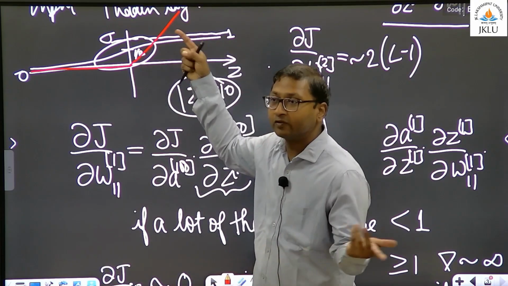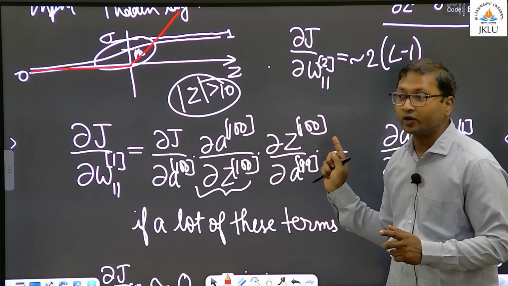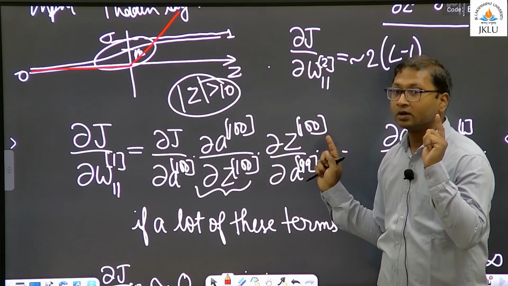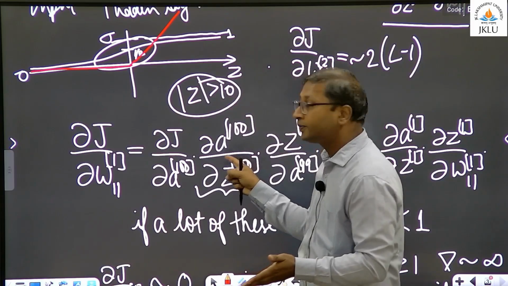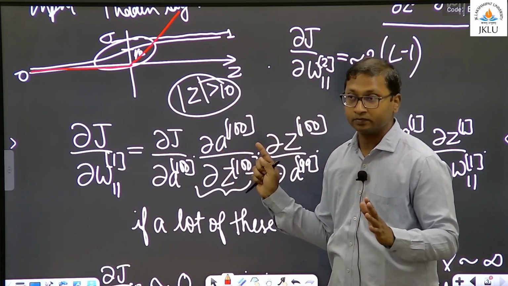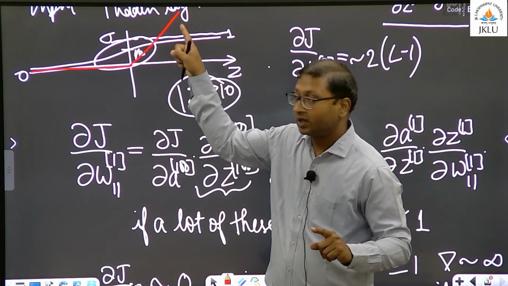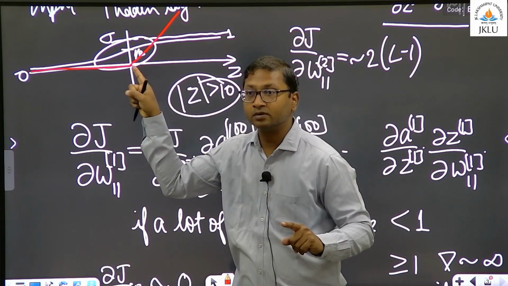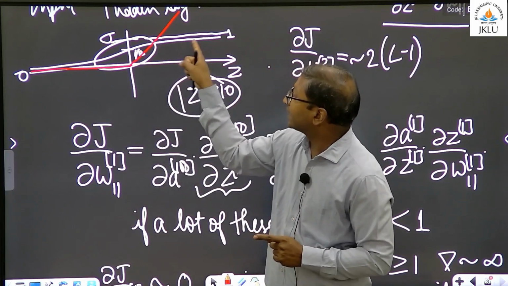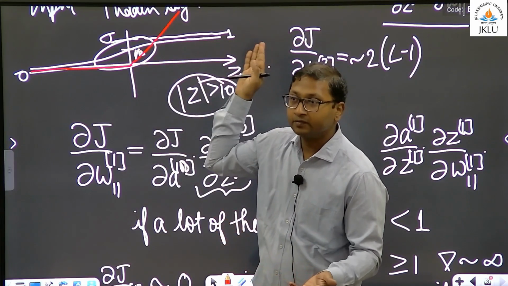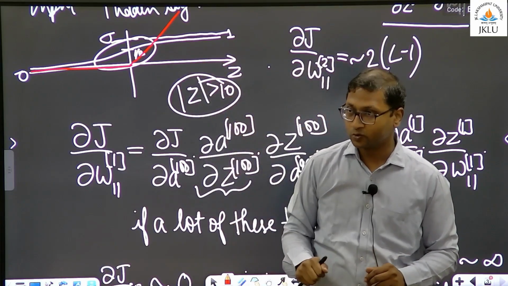This is the line y equal to x. So those terms that were creating problems for me, that were becoming less than 1, suddenly become equal to 1, provided I am in this region. If I am in this region, those are still 0. But is this better than this, which was almost 0 everywhere? So this turns out to be better than this one.